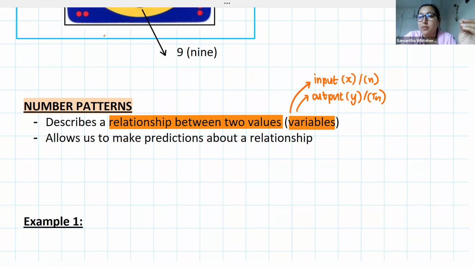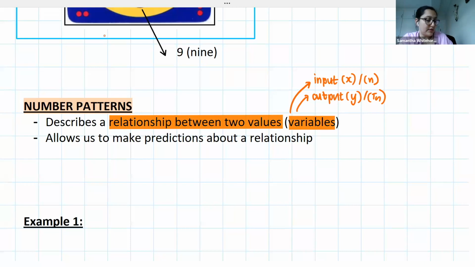This is where the ability to make predictions comes into play. That's just one real world example. There are many. But being able to see a relationship between variables and therefore describe it, come up with a rule, allows us to make predictions about future trends in the relationship.